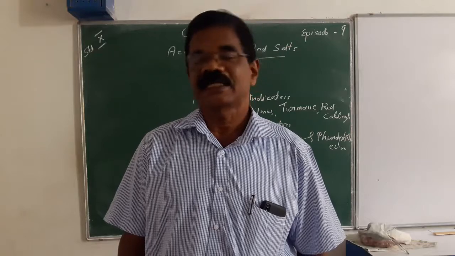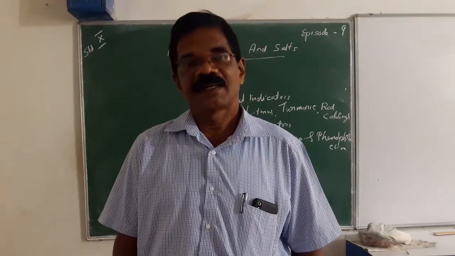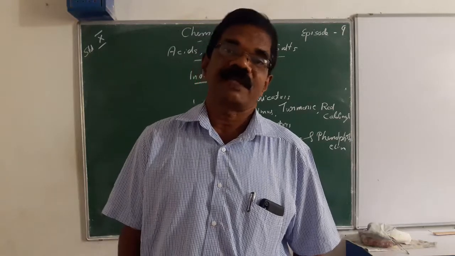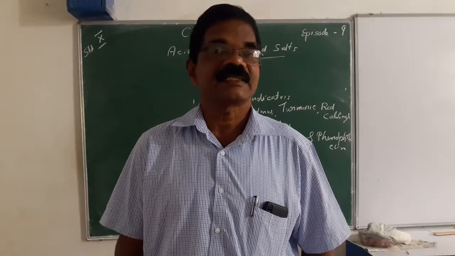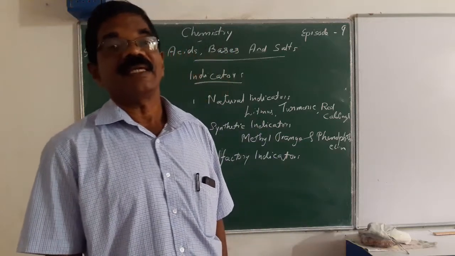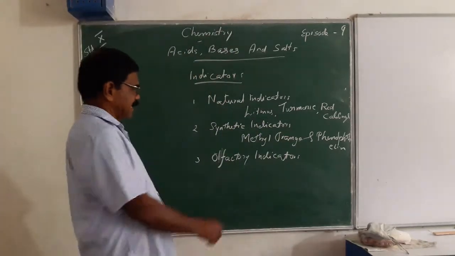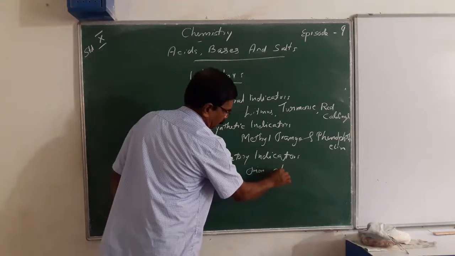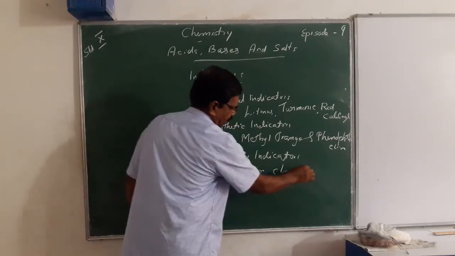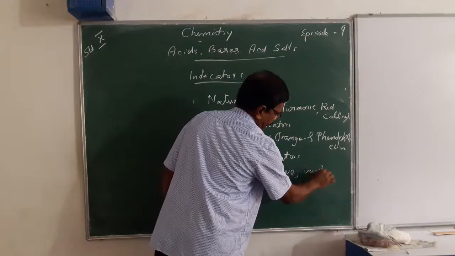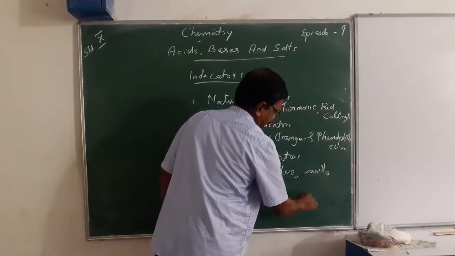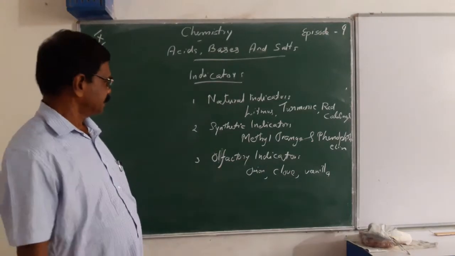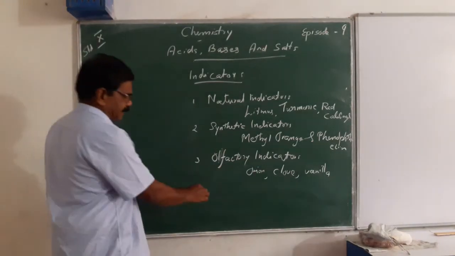By the different smells in acid and base, we can identify a substance. Such indicators are called olfactory indicators. For example, onion, clove, and vanilla, etc.